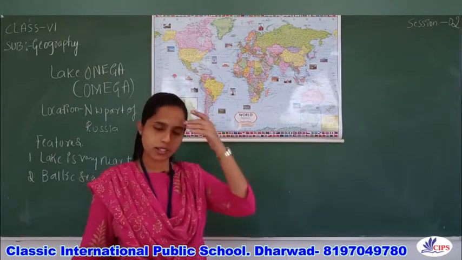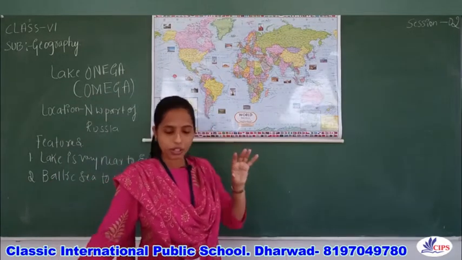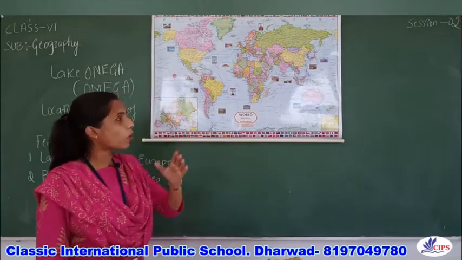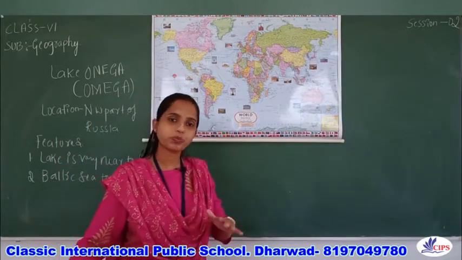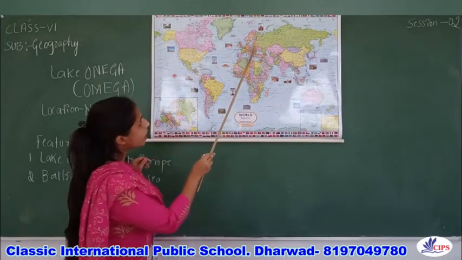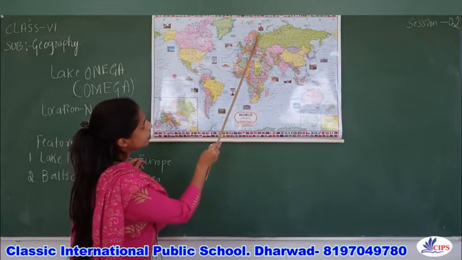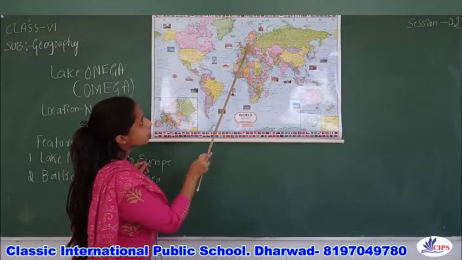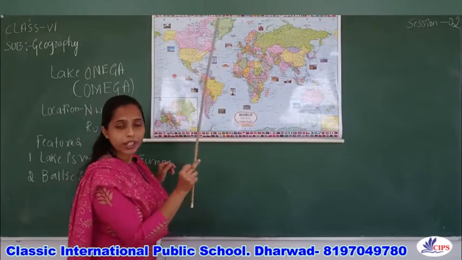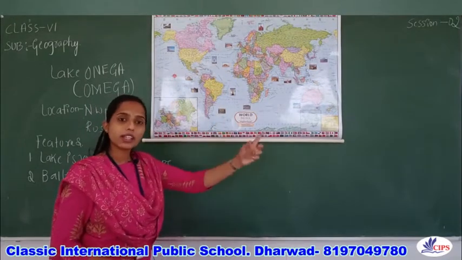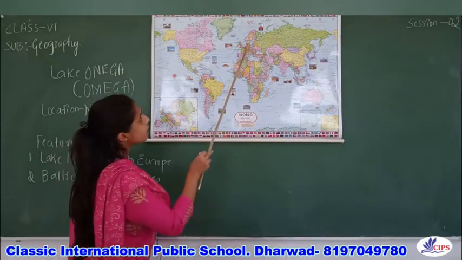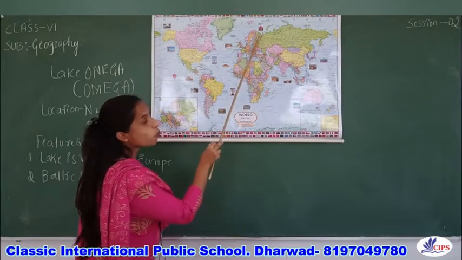Open your atlas, come to the Asia political, or you can also refer Europe political. Here is the White Sea. Lake Onega is connected to the White Sea and this is the Baltic Sea. This sea we call the Baltic Sea and we have already studied the Baltic Sea in the last chapter. So you already know the location of the Baltic Sea.